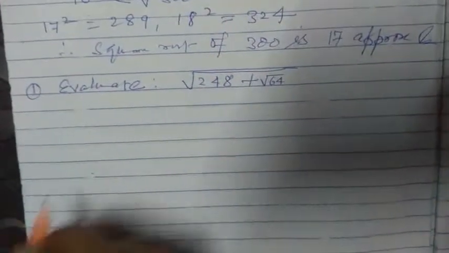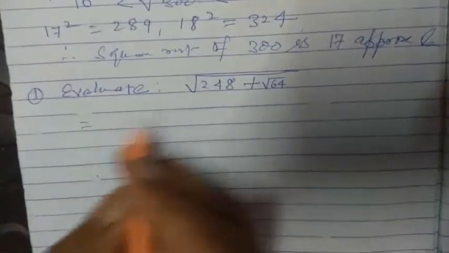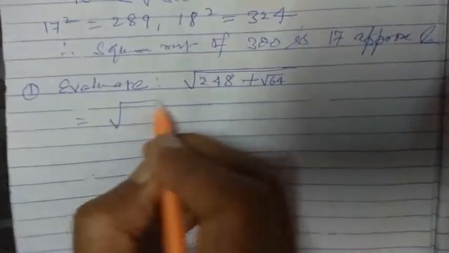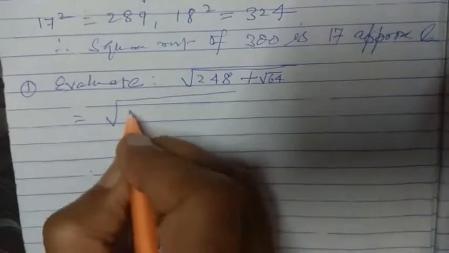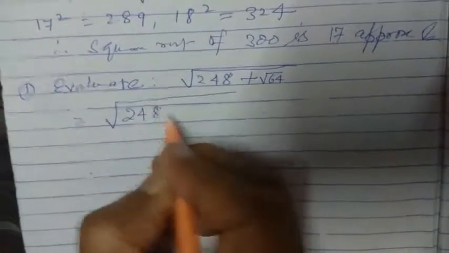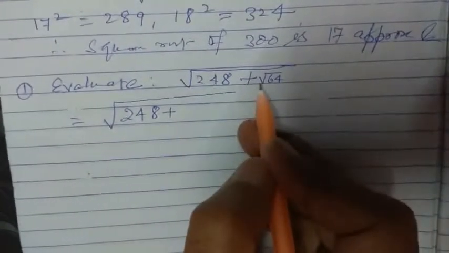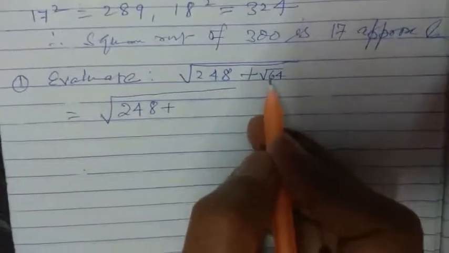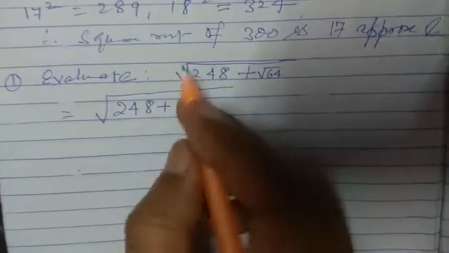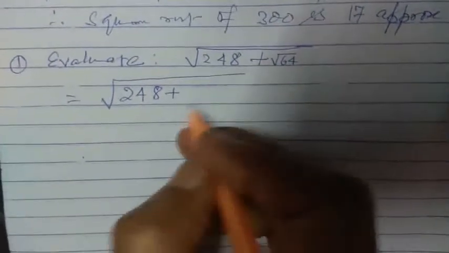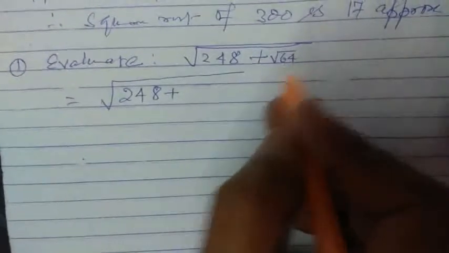How can you evaluate? It's very easy, student. You can write like this: 248 plus, first of all, you find the square root of 64, which is given in the under root. So the square root of 64 is 8.